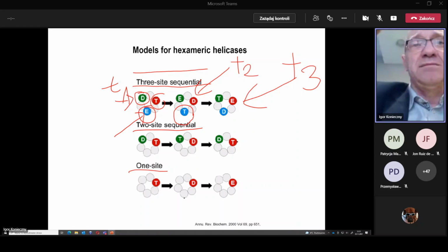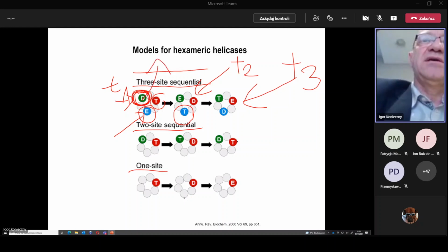The green subunit, which at this moment had ADP, releases the ADP and is empty. And this one, which had the ATP, because of hydrolysis has an ADP right now, okay?